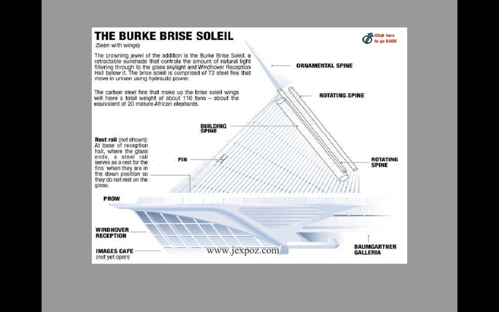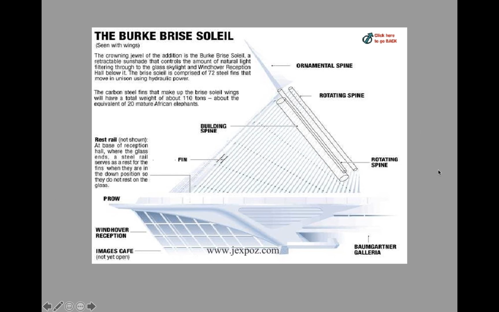Isn't that cool? So this gives you a little bit more detail. And again, if you'd like to read the whole thing, take a second and pause the video so you can read it. But you can see the structure itself relies on a rotating spine that collapses the wings or brings them open again. These are fins here. This is what resembles the prow of a ship that I talked about before.